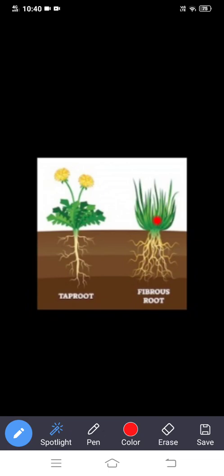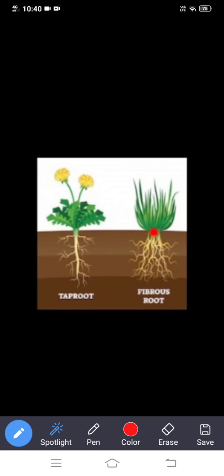Whereas in case of fibrous root system, roots will arise from one point and they will be like a tuft, a group of fine root hair-like structures. There is no main root in fibrous roots. Only a tuft of root is present, very fine root hair-like structures from one point just below the stem.